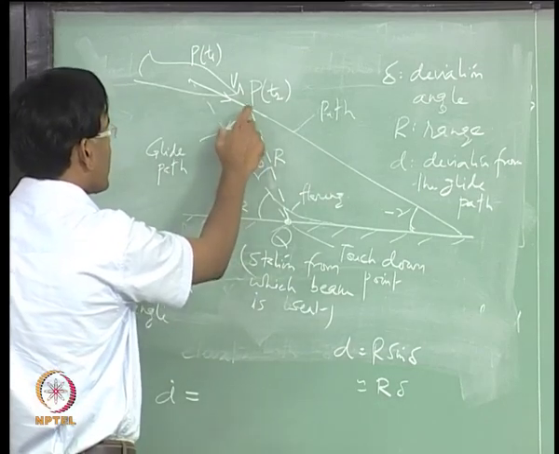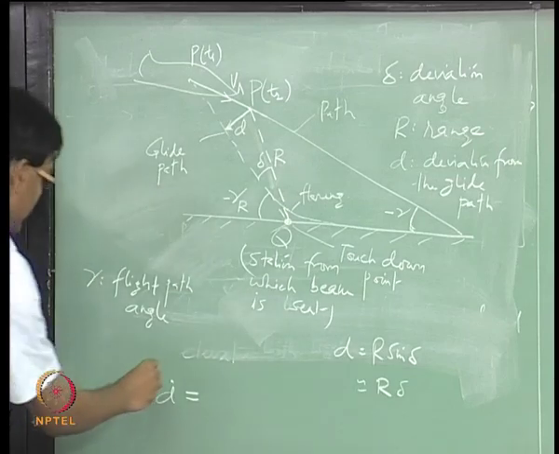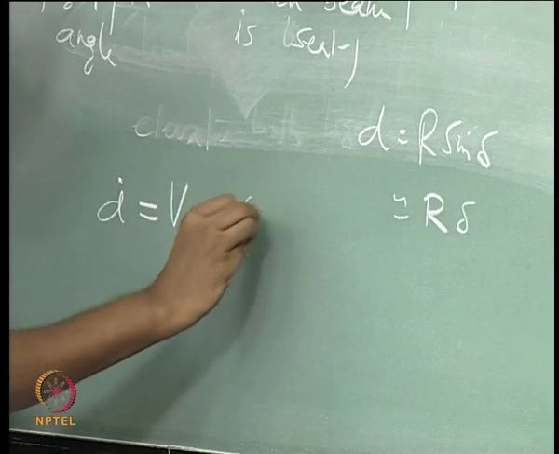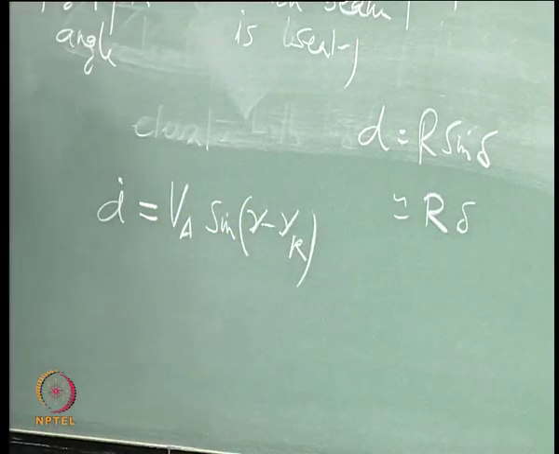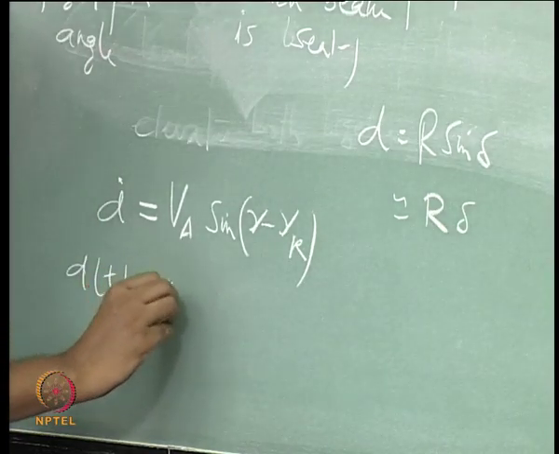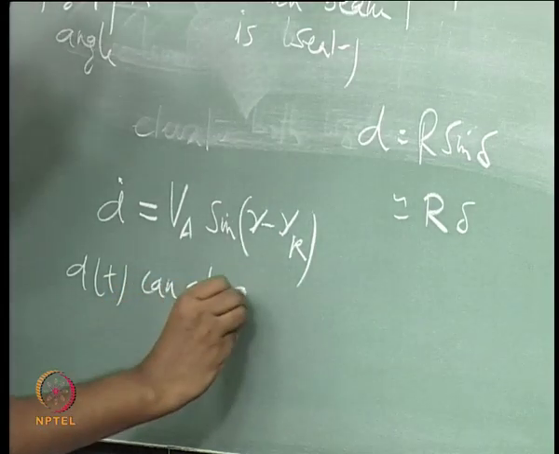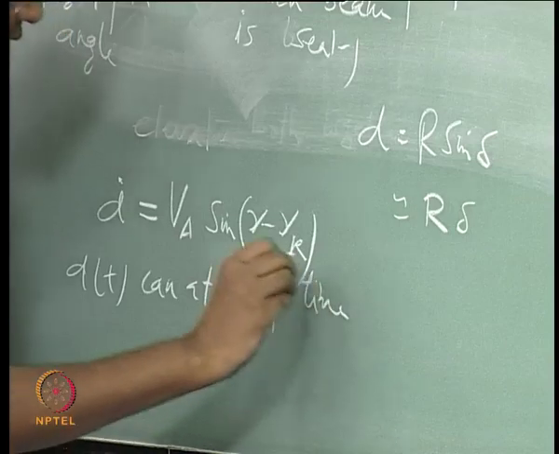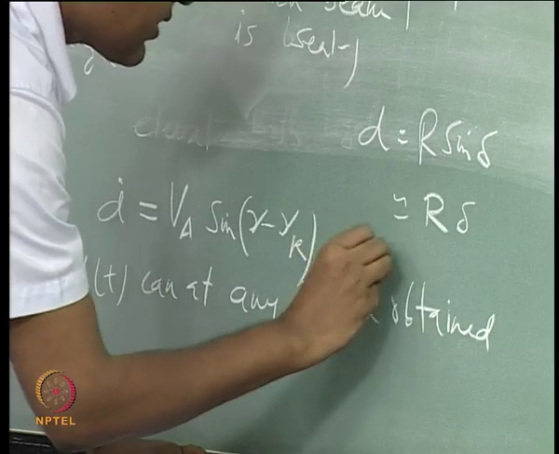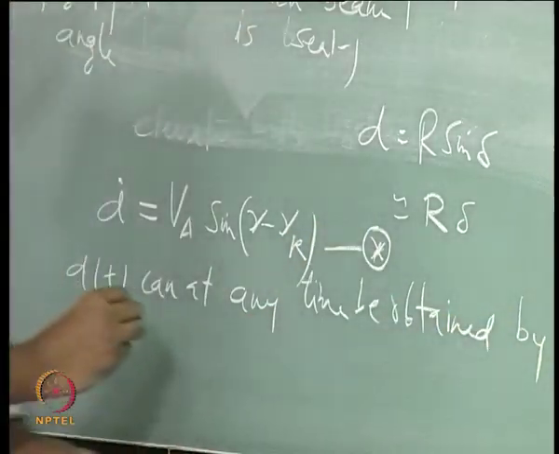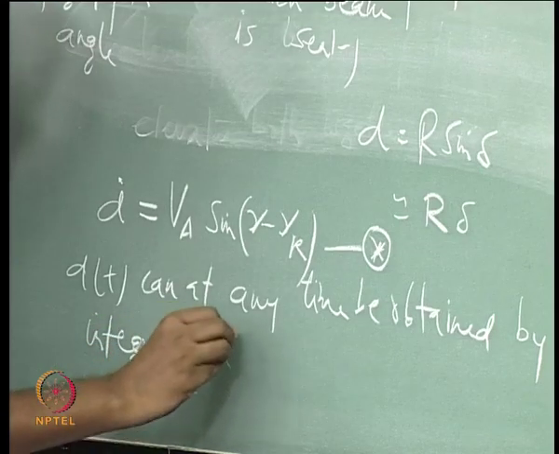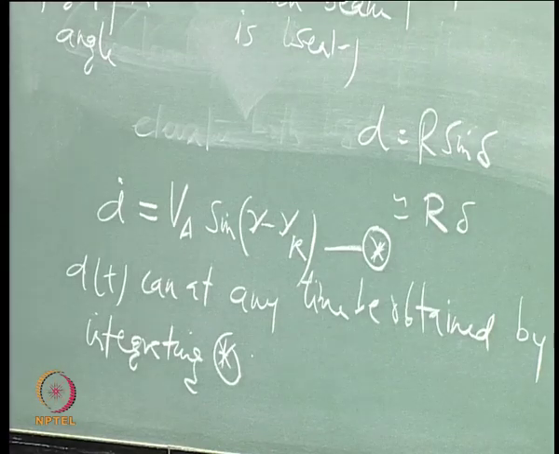So, a correction has to be done for changing this d. So, d dot is V A sine of gamma, and now d at any time can be obtained by integrating this equation.